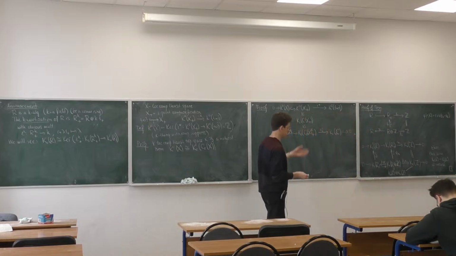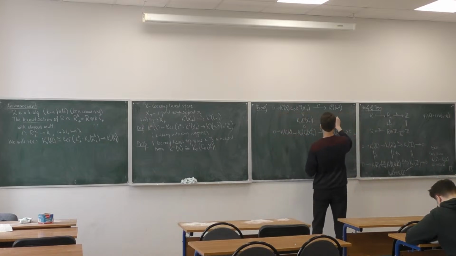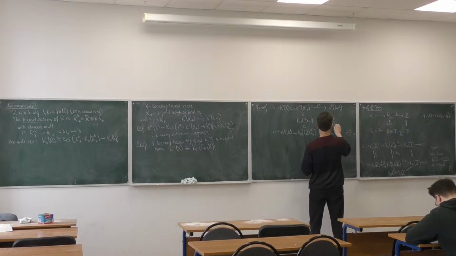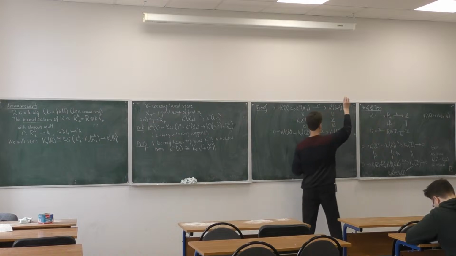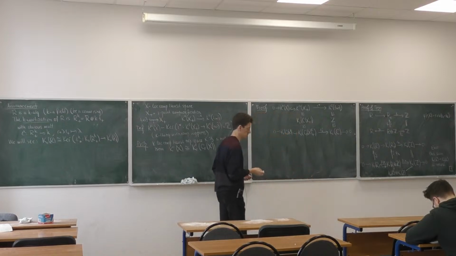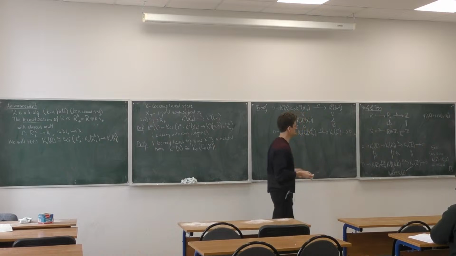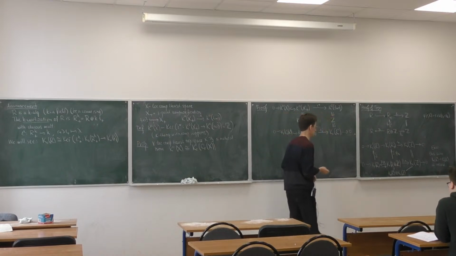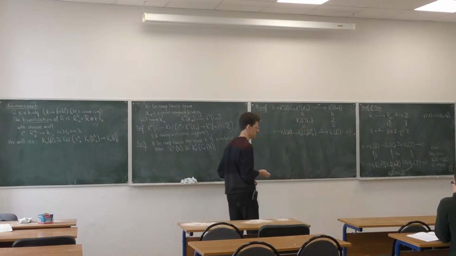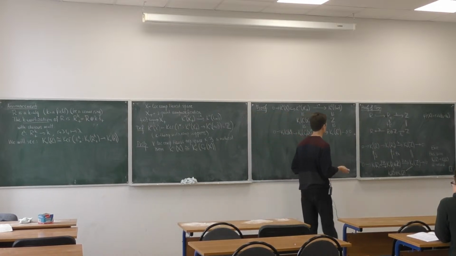Now K0 of C, of course, is the group of integers. And for the same reason, the topological K0 of a point is also the group of integers. Because vector bundles over a point are just finite dimensional vector spaces, and finitely generated projective modules over the complex numbers are just complex vector spaces.